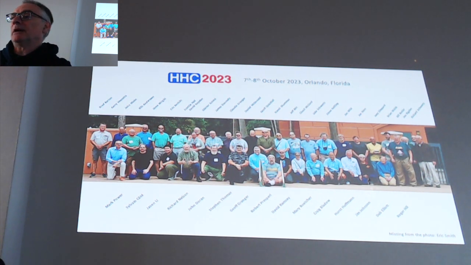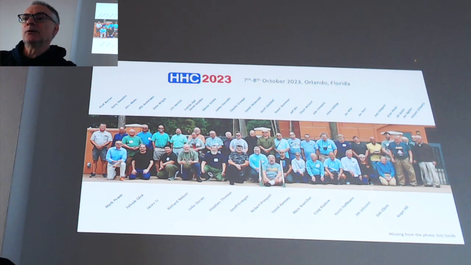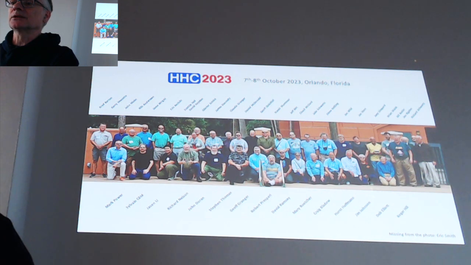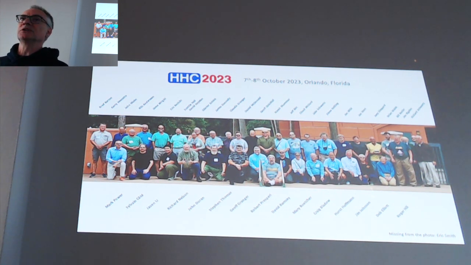So there were about 46 of us. Eric Smith unfortunately had to step out, so he's not in the picture, but he was definitely there. We had 4 ladies attend. A lot of the gents turned up and put their favourite calculators in front of them.